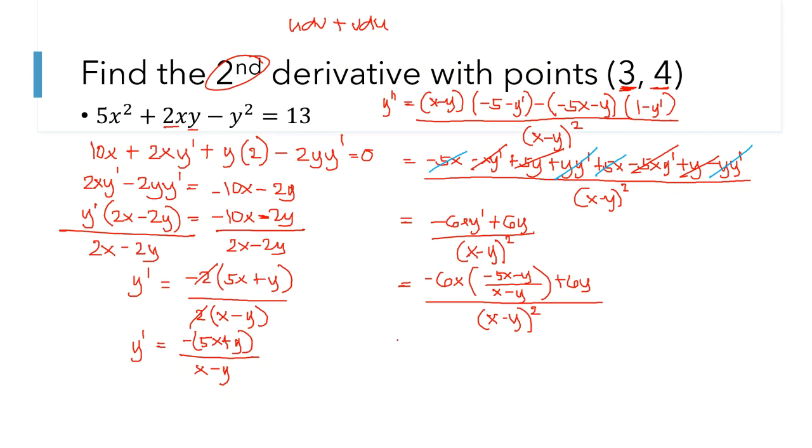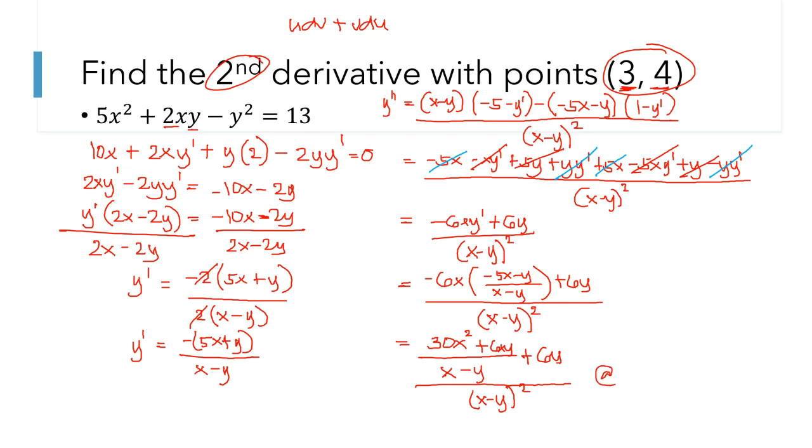So we can have this as negative 6x times negative 5x, that is positive 30x squared. Negative 6x times negative y, that is positive 6xy, all over x minus y plus 6y all over x minus y squared.